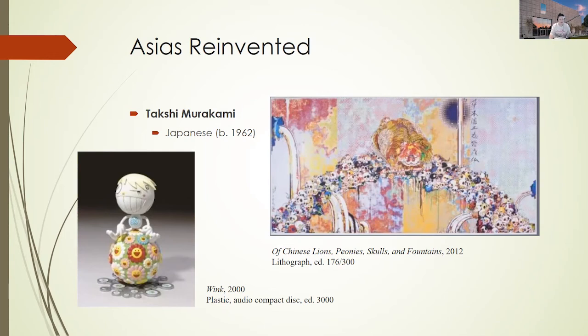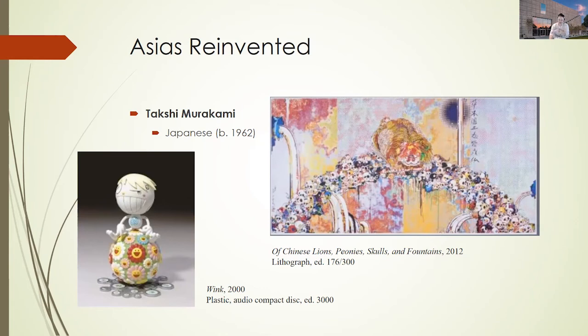So he does these fun kind of what people might consider frivolous pop culture kind of things, but he also understands the major concepts behind traditional Japanese painting. And in this one on the right, it's called Of Chinese Lions, Peonies, Skulls, and Fountains. So it's something that's done in a very traditional style, but it's using more pop culture references.